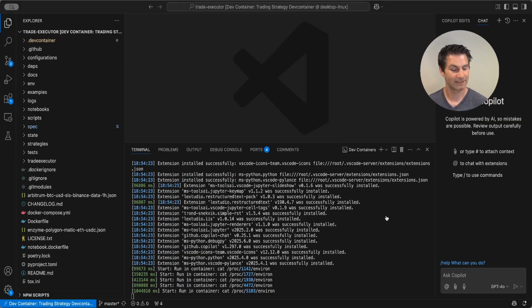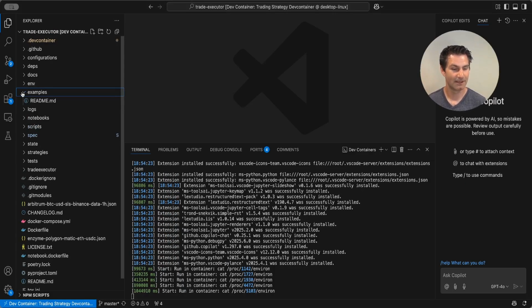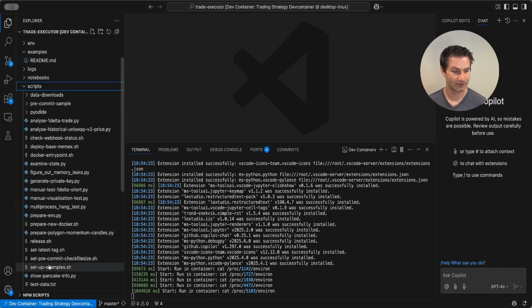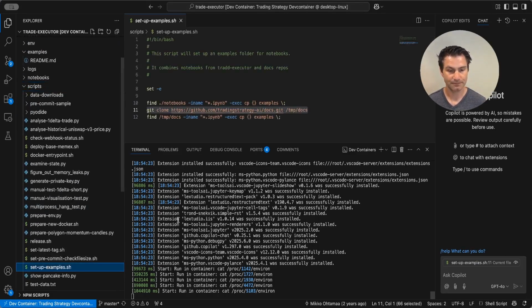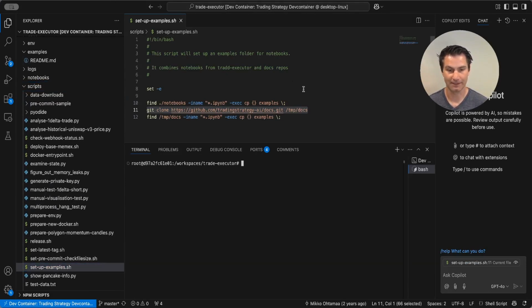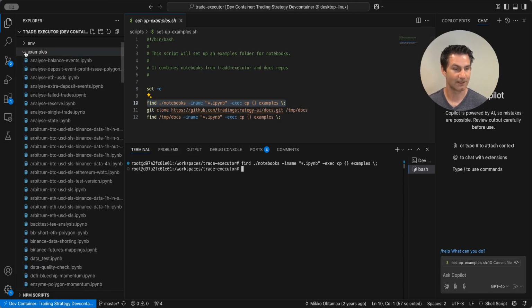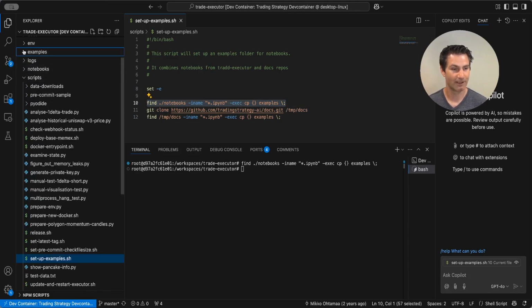And so we see there is an examples directory here, but there's nothing in it. And so what we need to do is run this script here to set up examples. And so we can go ahead and do that. Let's just run these one at a time. So first we're just gonna traverse the notebooks that are here and put them in our examples.